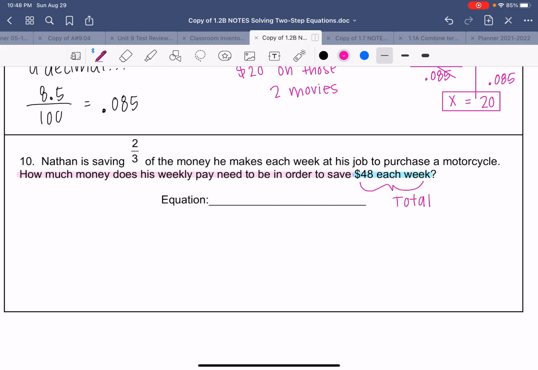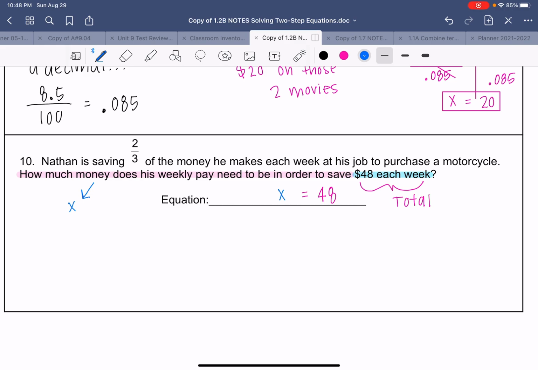When I think about total each week, I think equals that amount of money, so equals 48. How much money his weekly pay needs to be is our unknown variable. Our question is always going to be our unknown variable. So that's our x, and we have to throw our x in there somewhere.